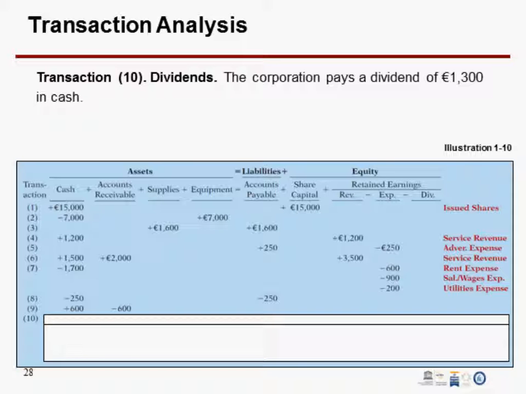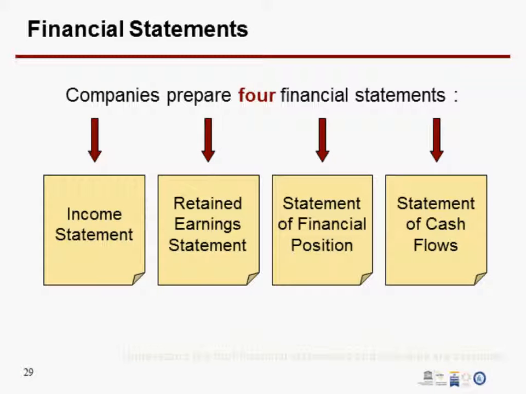Now, out of these numbers, you are going to make the financial statements. Companies prepare four financial statements: the income statement, the retained earnings statement, the statement of financial position, and the statement of cash flow.